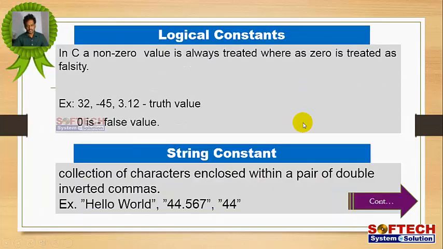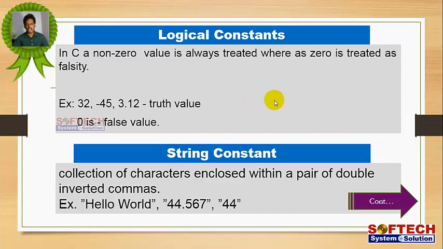Logical constant. In C language, non-zero values are always treated as true, whereas 0 is treated as false. Non-zero values may be negative or positive, or real values, with or without a decimal point. Only 0 is treated as false, other values are true.